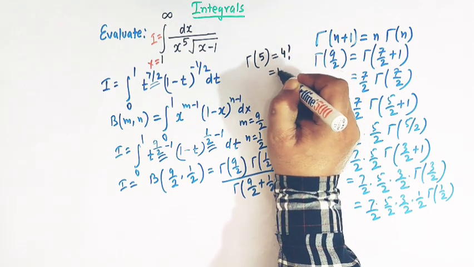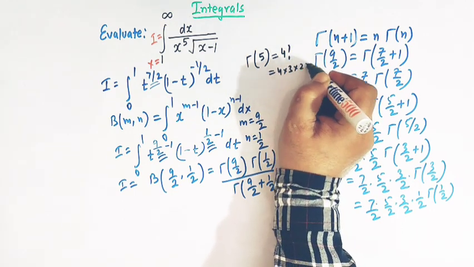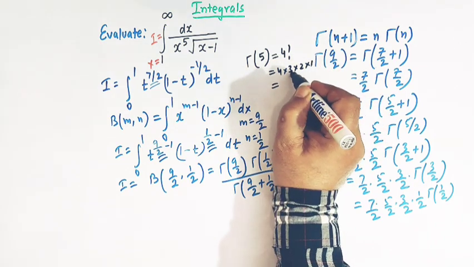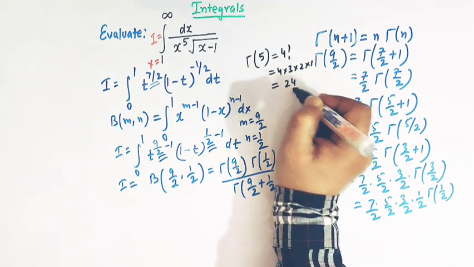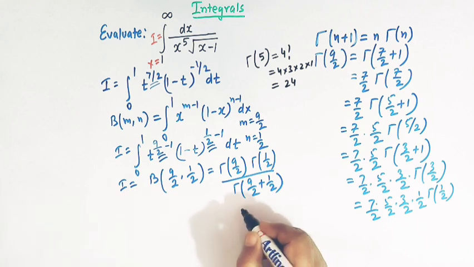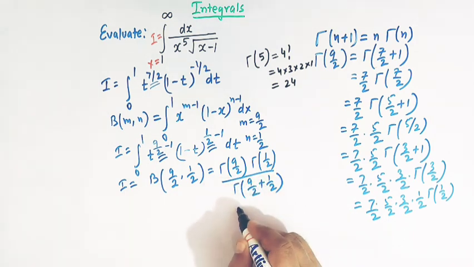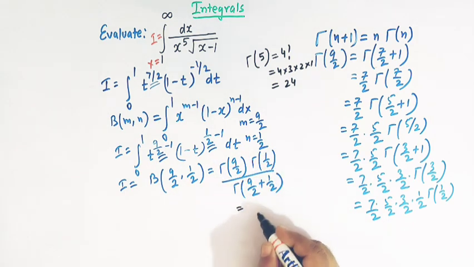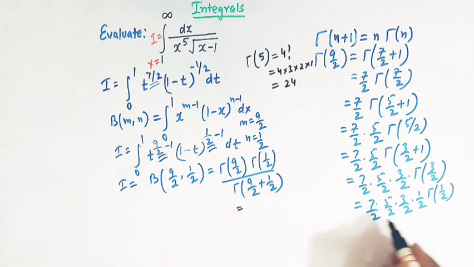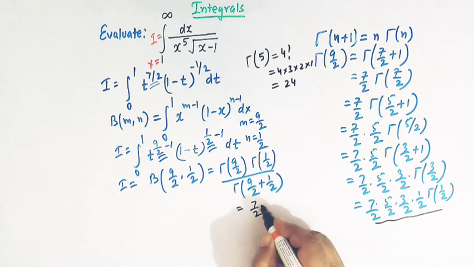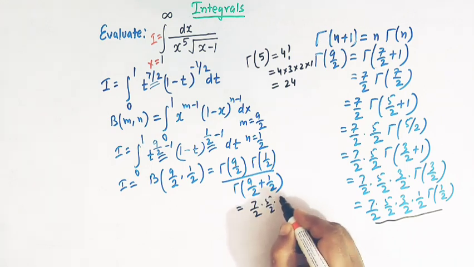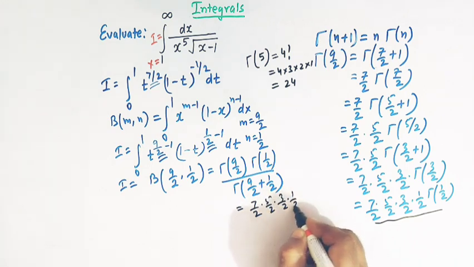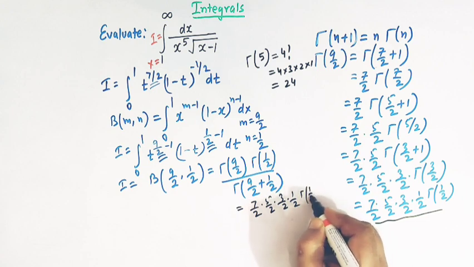So 4 factorial is 4 times 3 times 2 times 1, that is 4 3s are 12, 2s are 24, right? Okay, so now here we can write this expression as gamma of 9 by 2 can be replaced by this expression. So we have 7 by 2, we have 5 by 2, then we have 3 by 2, half, and gamma of half, right?